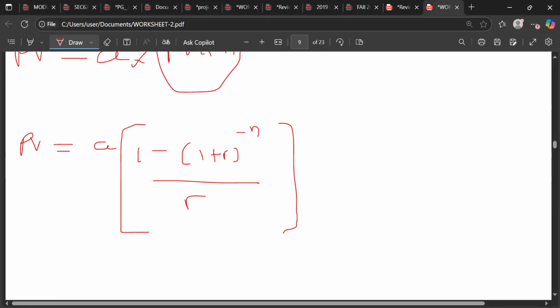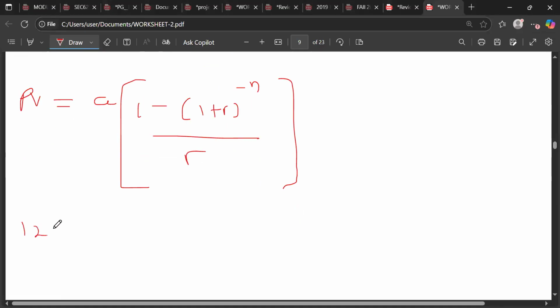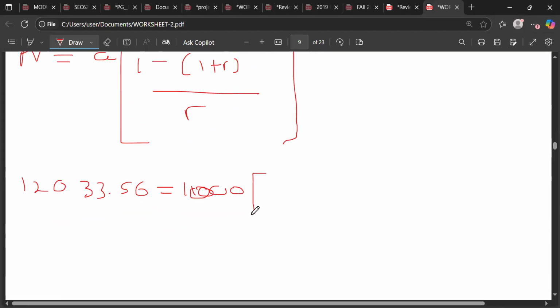Over R, right? Now our R in this case is 5%. So I'm saying the initial amount was 12,033.56. We can try solving manually. It equals 1,000 plus 1,000 here times 1 minus 1.05 (that's 5%) to the power negative n.